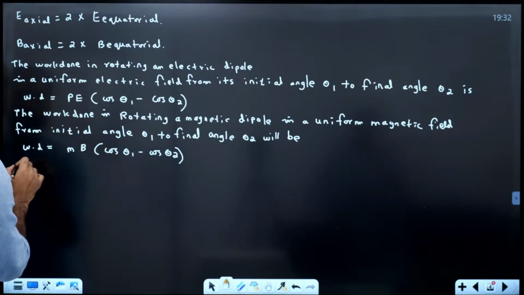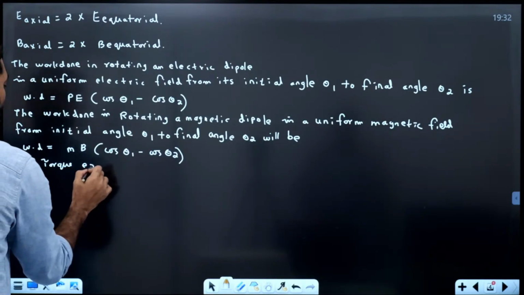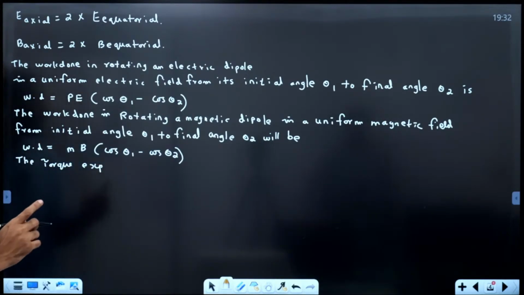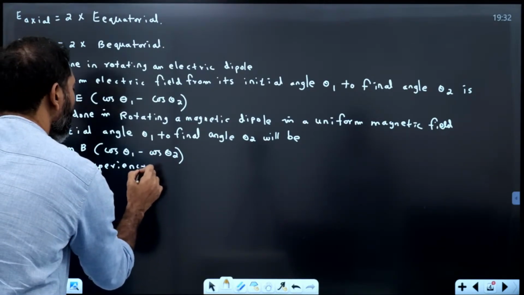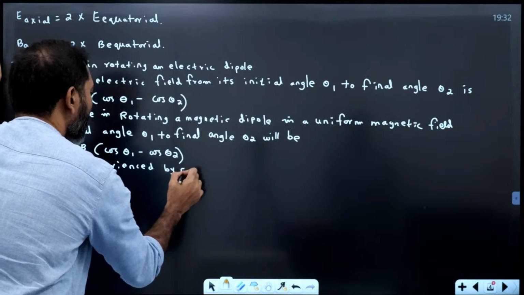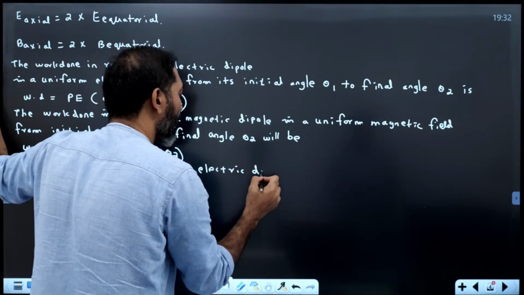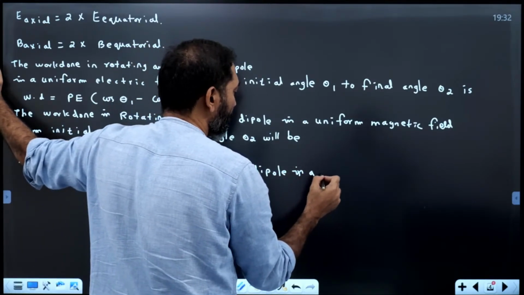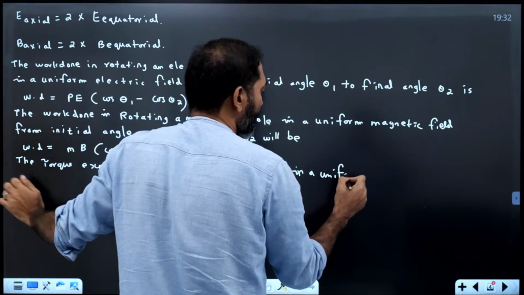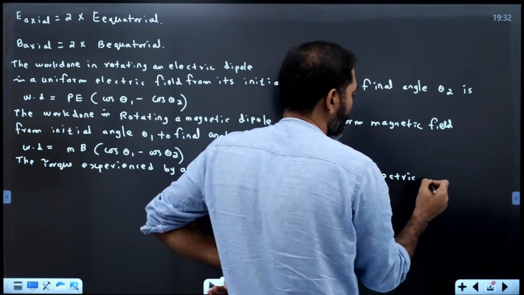Next, the torque experienced by an electric dipole in a uniform electric field. Again, derivation is not required, only the final answer is required.